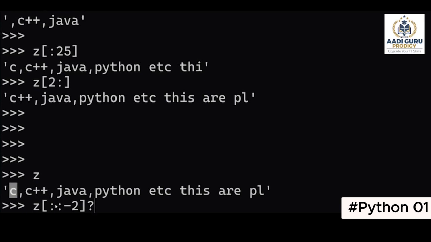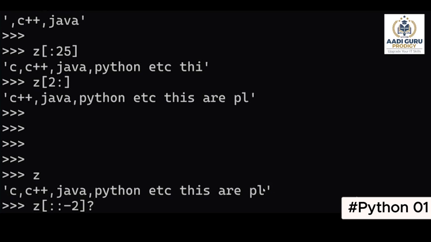Till the end, because we have not specified, so it will go till last. So what does this -2 mean? Minus means it will come from reverse. If reverse, from where will it start? From L to LP, or reverse.